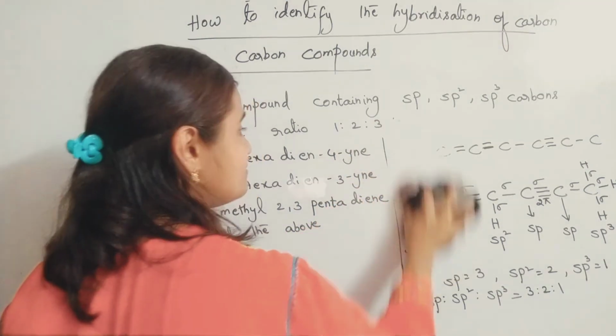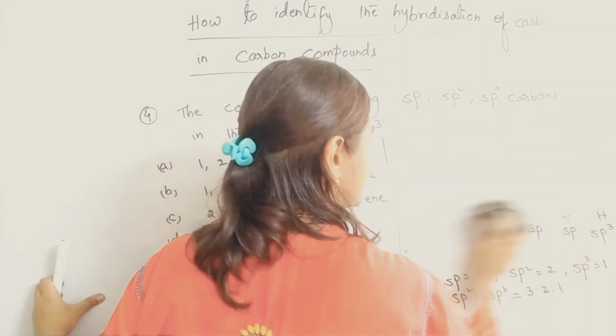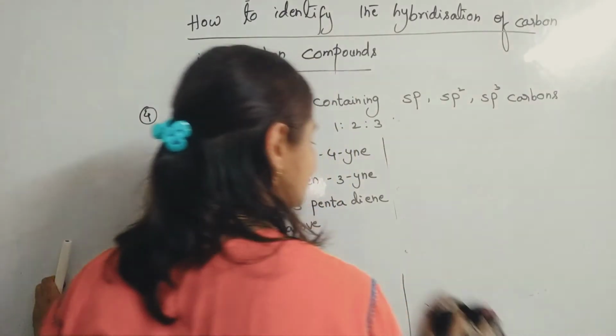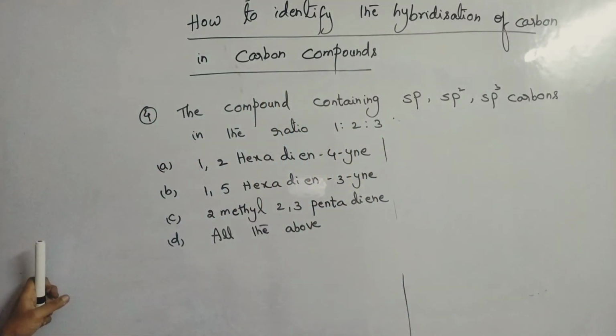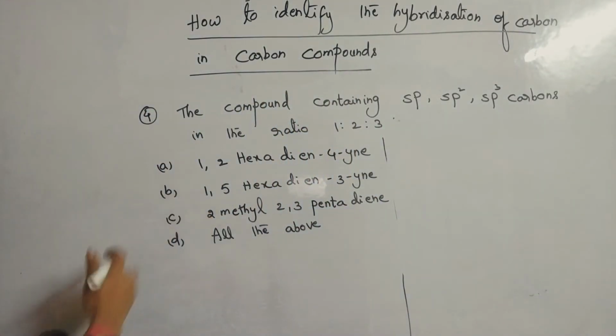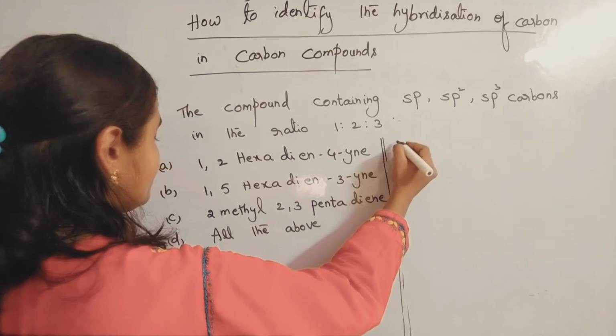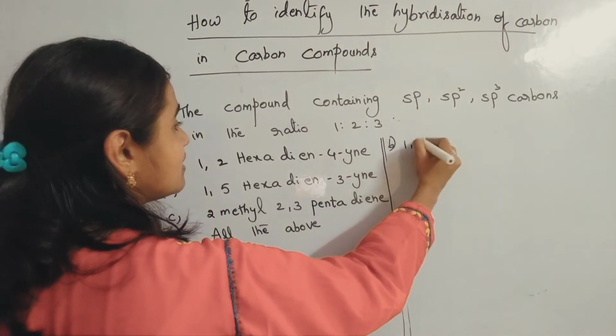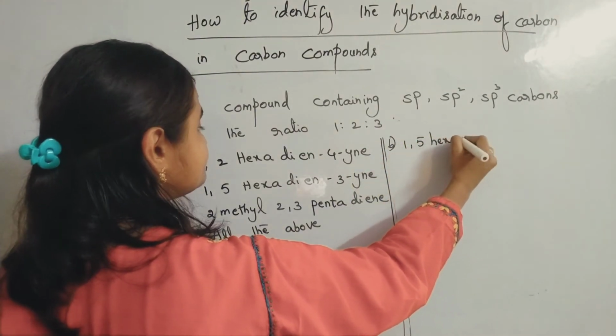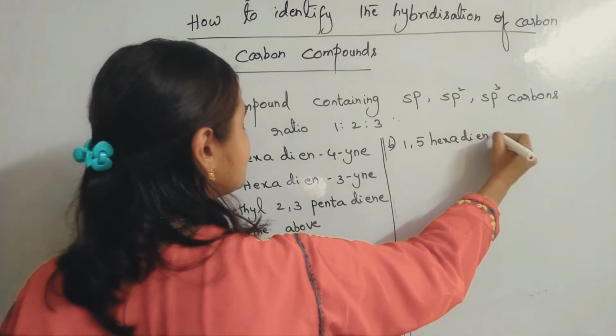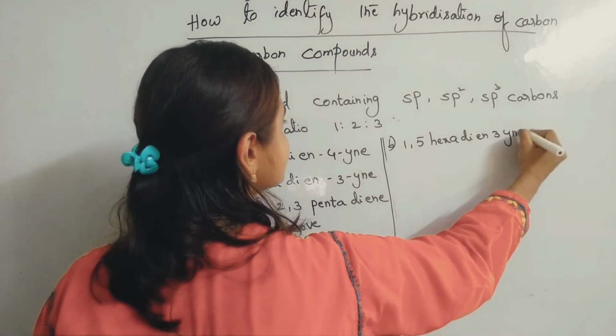Option A I am rubbing out. What is given for option B? 1,5-hexadiene-3-yne is given.